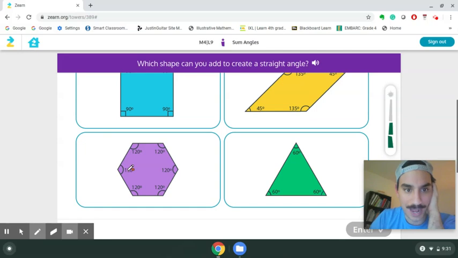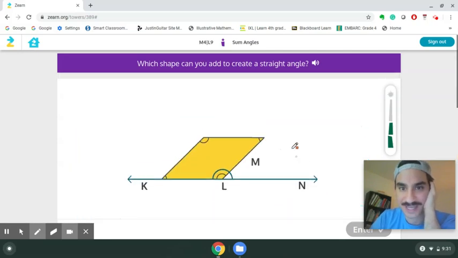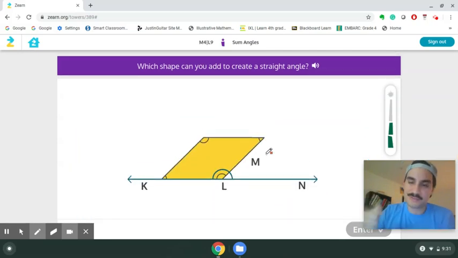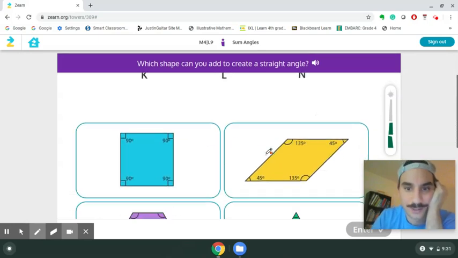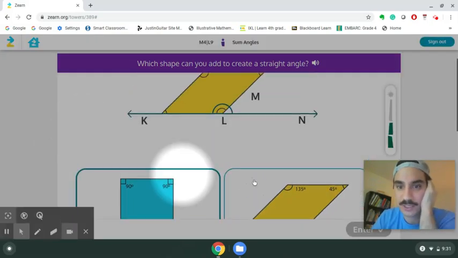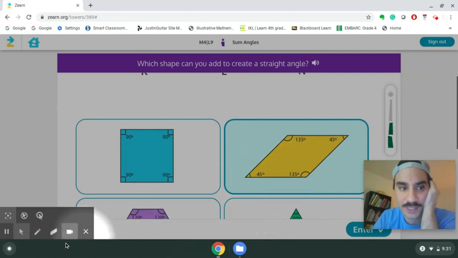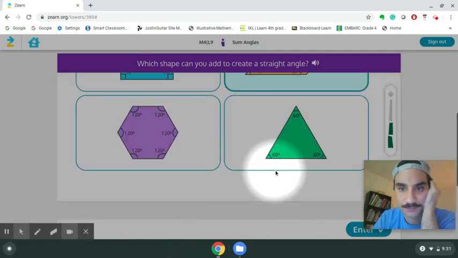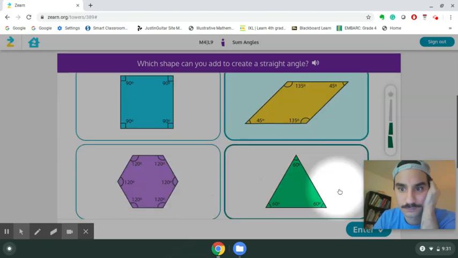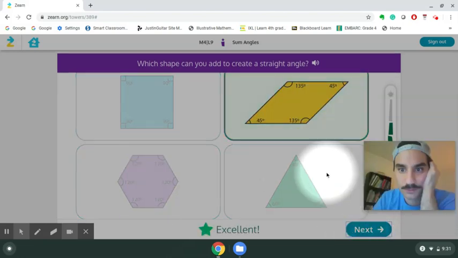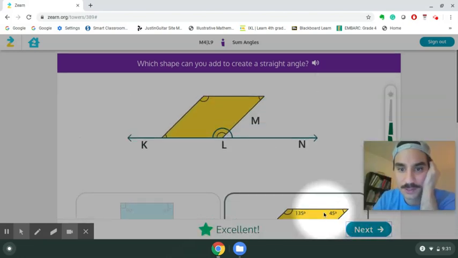These guys are too wide, 120, even 60. I think we could maybe shoehorn it in, but it wouldn't fit neatly and nicely. I actually think this quadrilateral here will fit in perfectly to create our straight line with this edge. Let's see. There we go. Excellent. You got it. Nice work.